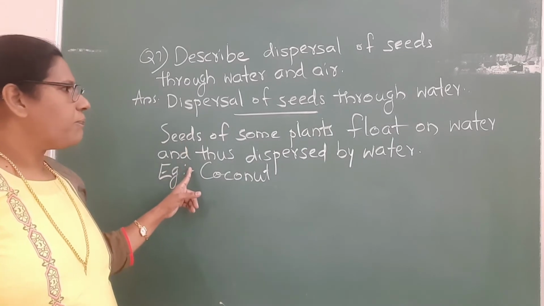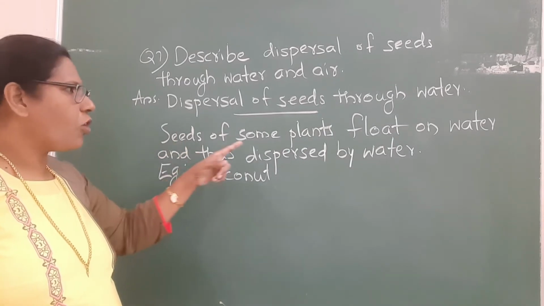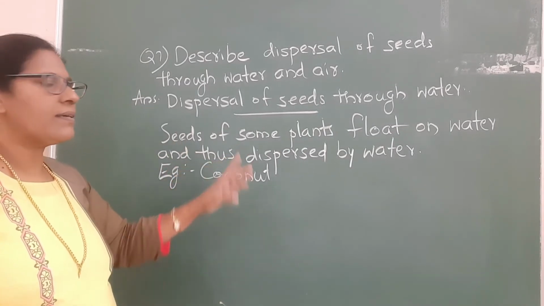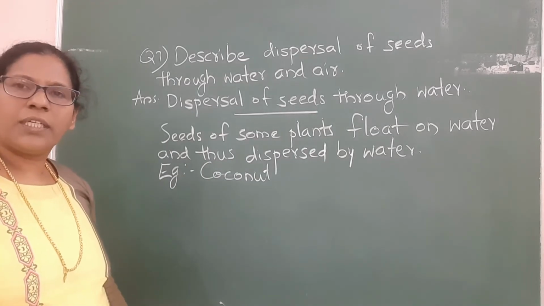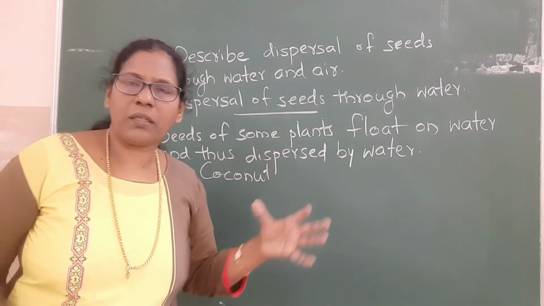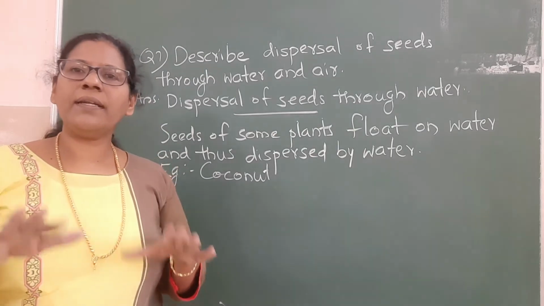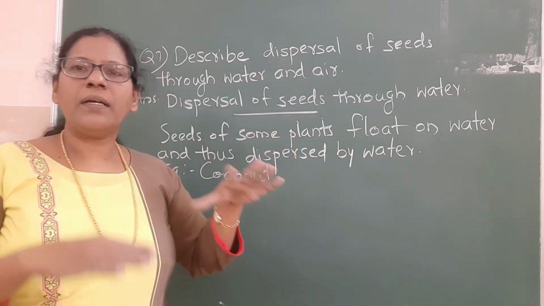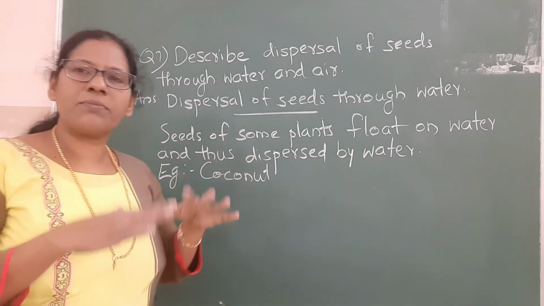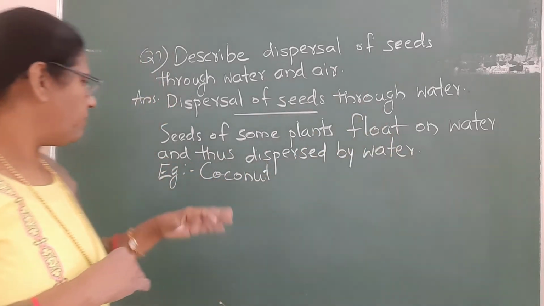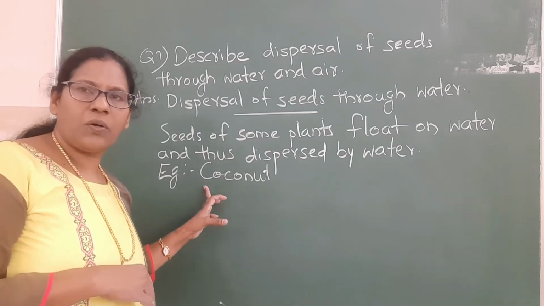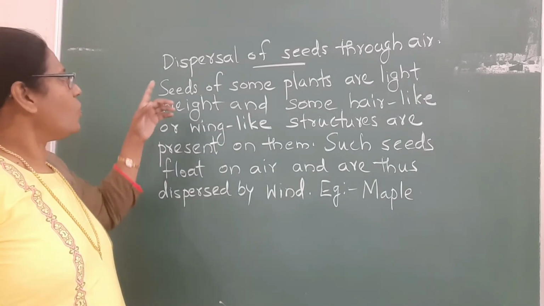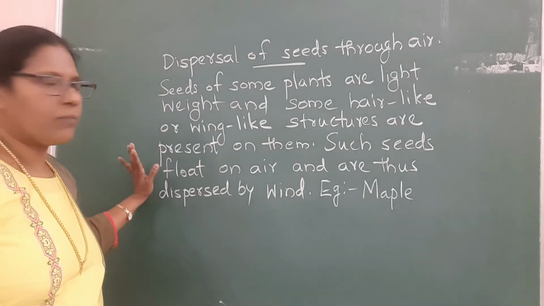So these seeds float on water and thus are dispersed by water. It floats on water and then because of the waves it keeps moving, and that is how seeds disperse from one place to another. Example, cotton.